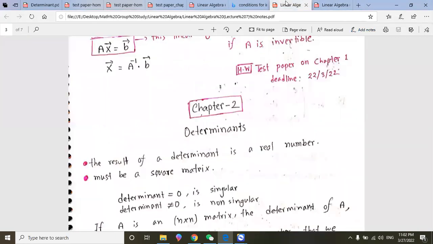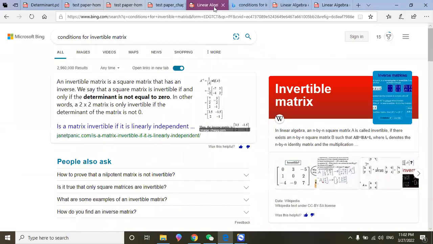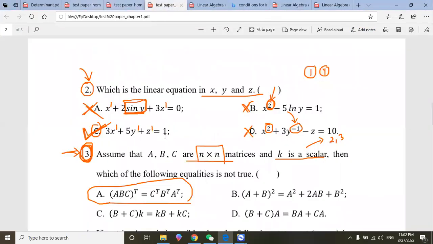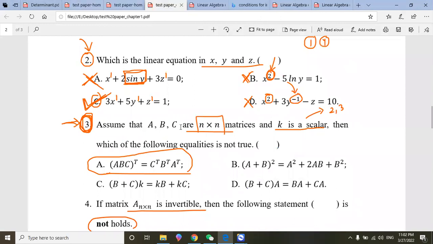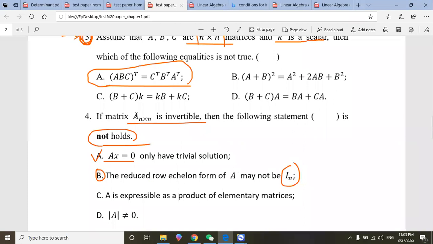So our question was, okay, so assume that A, B, C are square matrices and K is a scalar. That means some number, okay, 2 or 3. Then which of the following inequalities is not true? Or sorry, the fourth one. If matrix A, n by n, is invertible, then the following statement is not false.